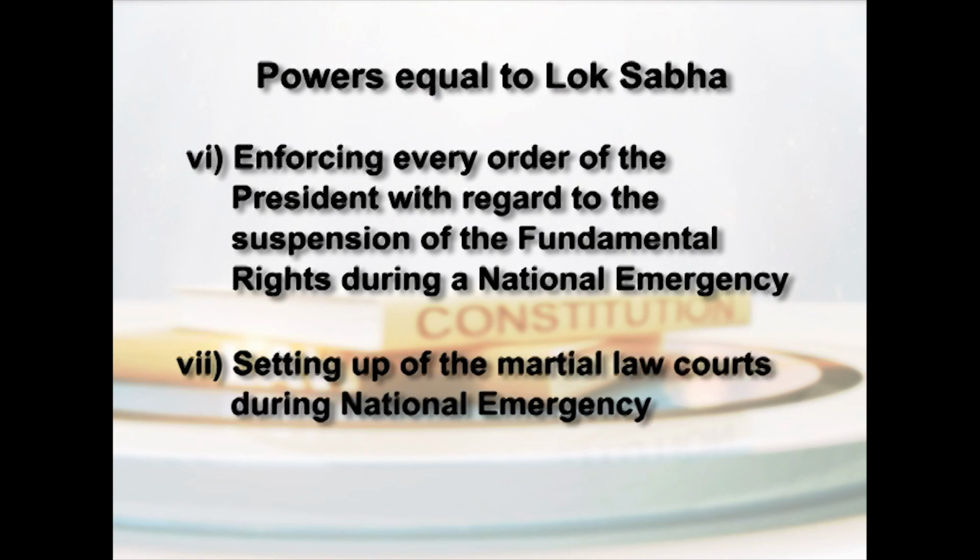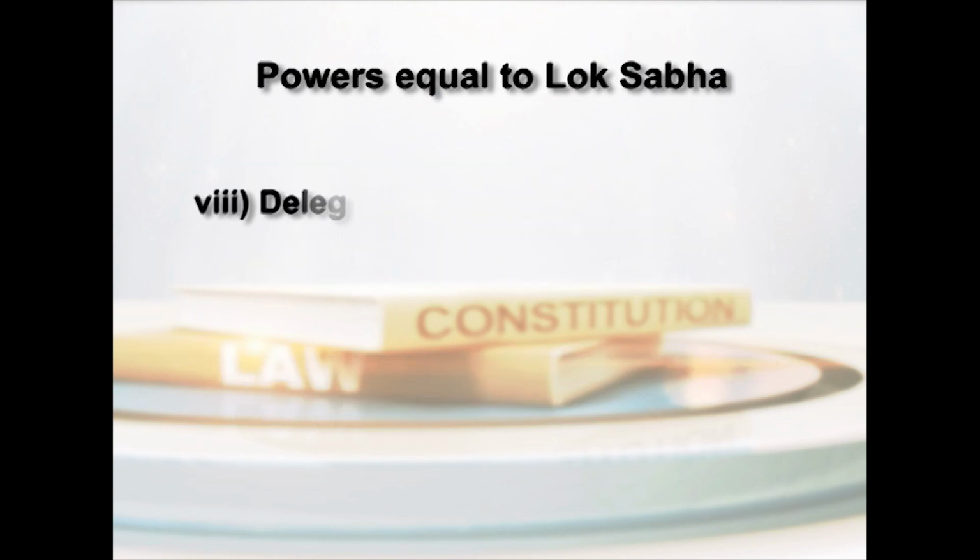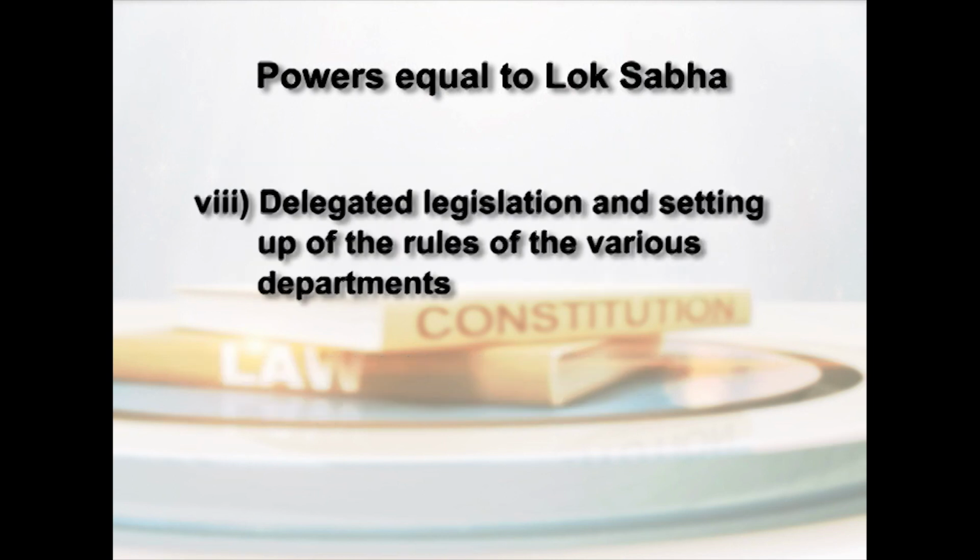Seventhly, Rajya Sabha enjoys equal powers with that of the Lok Sabha in case of setting up of martial law courts during the national emergency. And finally, so far as delegated legislation is concerned, or the rules of the various departments, all these things require the approval of both the houses.